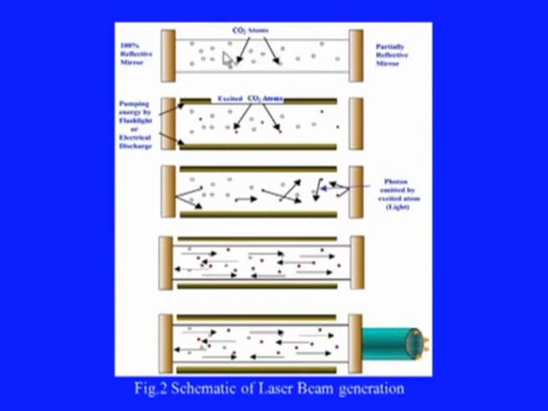Then there are several synthetic materials, semiconducting materials, which are used as lasing material or lasing media. Generally, flash lamps are used as the additional source of energy, which will pump in additional energy to excite the atoms inside the laser.